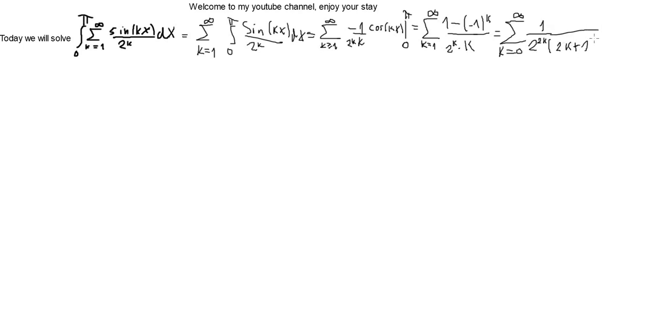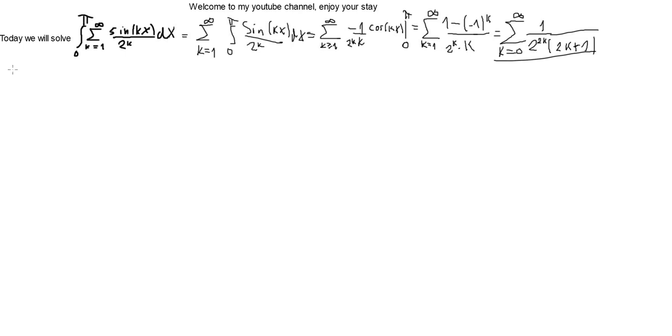This is what we will have, because for even ones, for 2k, we will have just 1 minus 1, which is 0, and for the odd terms, I mean 2k plus 1, it will be 2, and we will have 2 divided by 2k plus 1, and it will cancel out, and we will have just 1 over 2 to the 2k. So that was what we get, and let's solve this one.